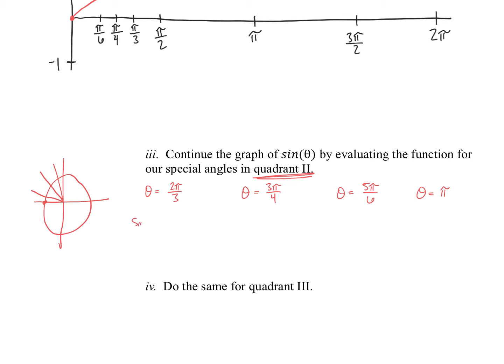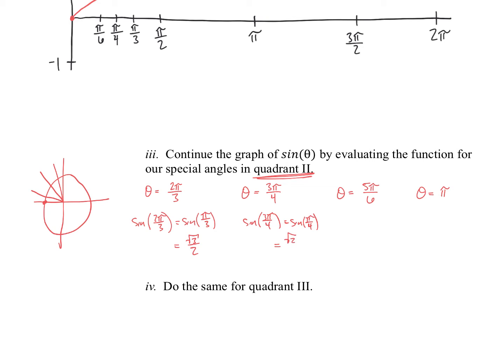So sine of 2 pi over 3 is going to have the exact same output that sine of pi over 3 has. So that's just going to be radical 3 over 2. Sine of 3 pi over 4 is going to have the same output that sine of pi over 4 has, using that reference angle there.